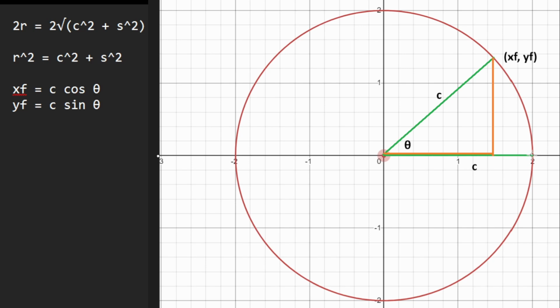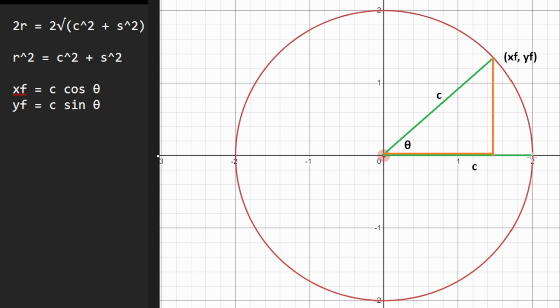And we know that after we rotate this line around the origin by an angle theta, we'll end up with another line here, which I've also drawn in green, which also has length c. Just rotating something doesn't change its length. And so basically that point will be somewhere on a circle of radius c. And so that's what I've actually drawn here.